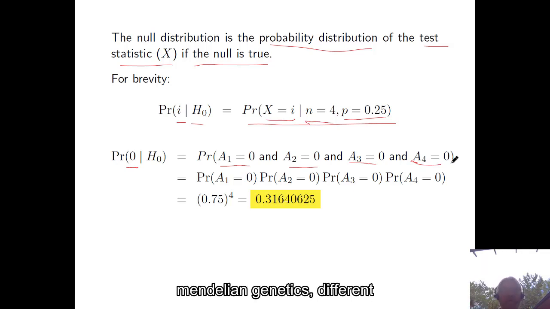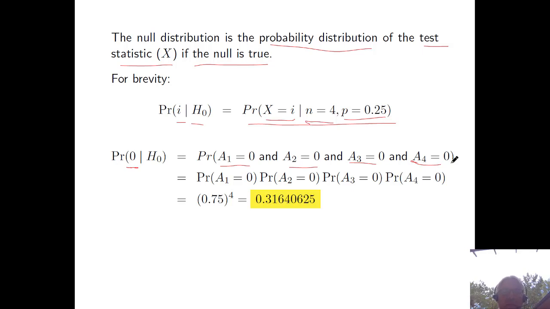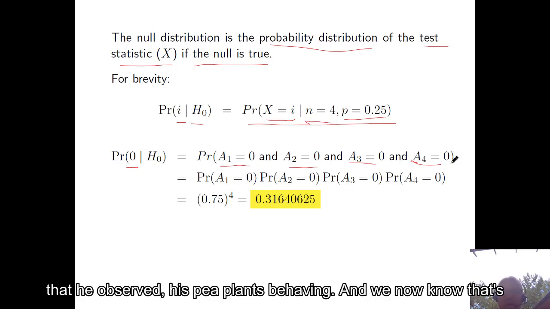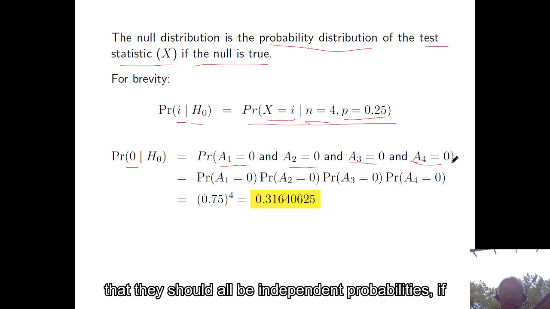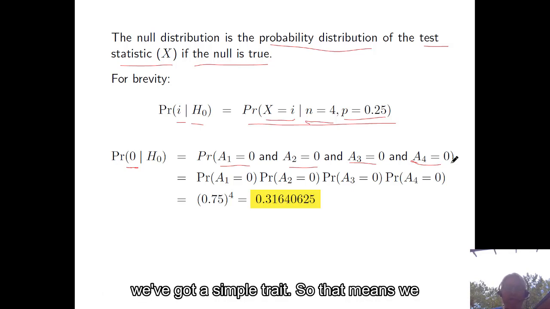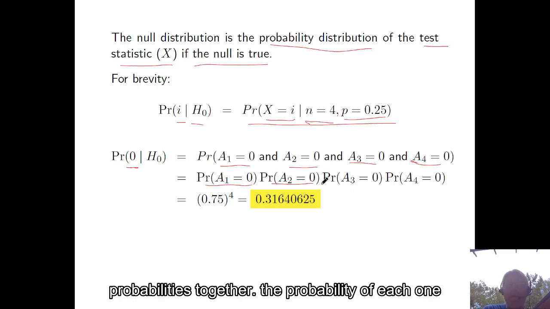Well, under Mendelian genetics, different gametes and different zygotes should be independent because that's the way that he observed his pea plants behaving, and we now know that's because of the way meiosis works, that these should all be independent probabilities if we've got a simple trait. So that means we can just multiply these four probabilities together, the probability of each one of them.